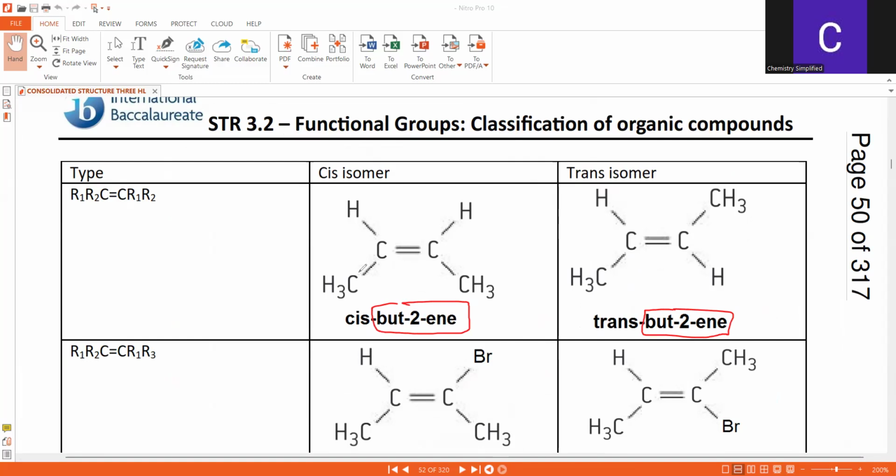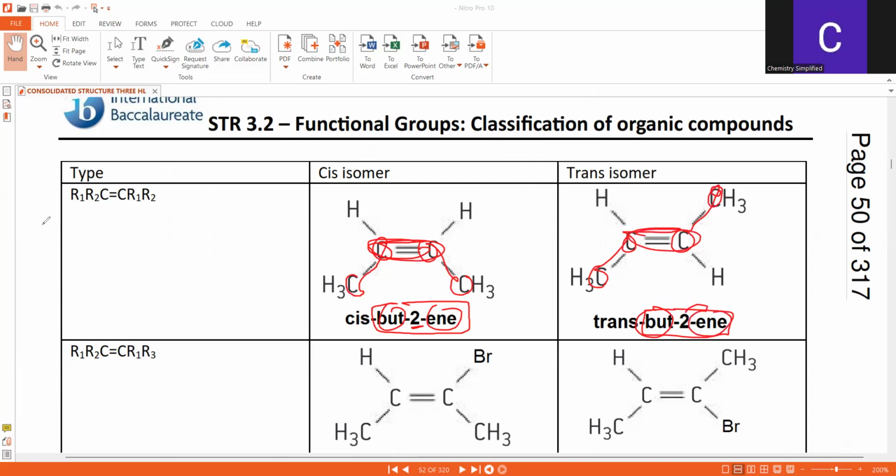You can see that this has four carbons as the name suggests: 1, 2, 3, and 4. So four carbon atoms means but. Between carbon number 2 and 3, there is a double bond, so but-2-ene. Same thing here: 1, 2, 3, and 4, with the double bond at carbon number 2.